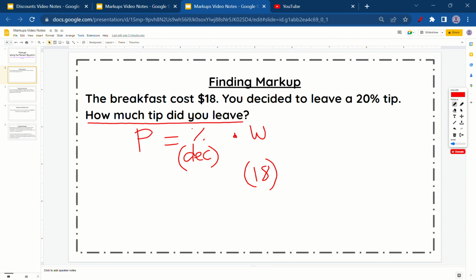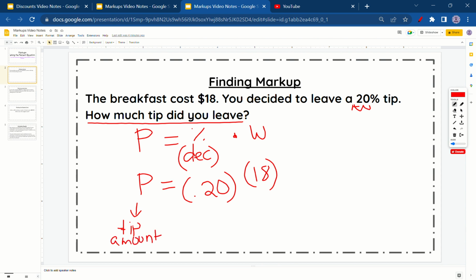So if your tip is 20%, then you are finding 20% of the bill. So you're going to do 0.20 times 18, right? Remember, you have to change the percent to a decimal by moving it 2 places to the left. Now we know our part, which is what we're looking for. We are looking for the tip, so the tip amount.